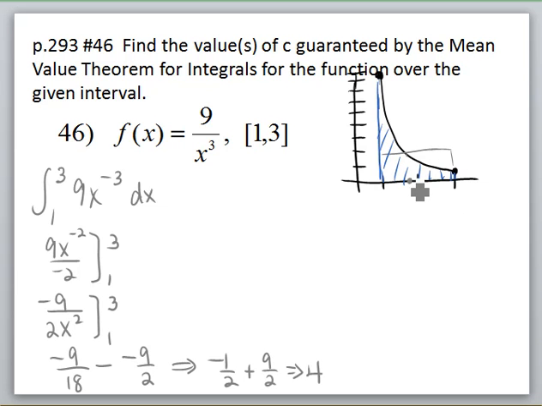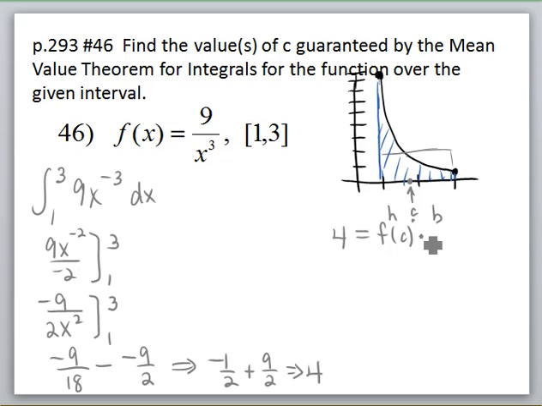So I want to know what value of c, if I call this the c, what height, so we're going to plug that c value into our function, will give me the same area, the area in blue. So this is the height, and I need times the base.